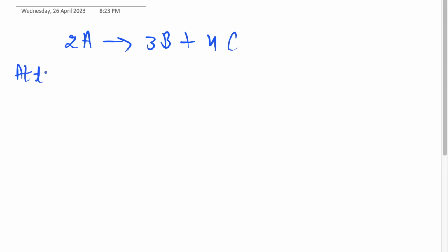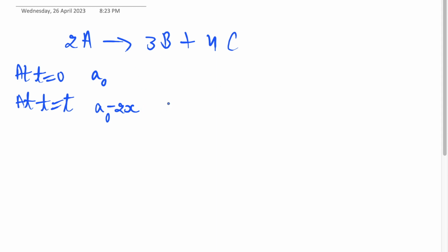At t equal to 0, let the initial concentration of A be a naught, and at time t, let's say it's a naught minus 2x. That is, 2x moles of A have been converted into products, 2x quantity of the reactant has been used up in making products, at time t.